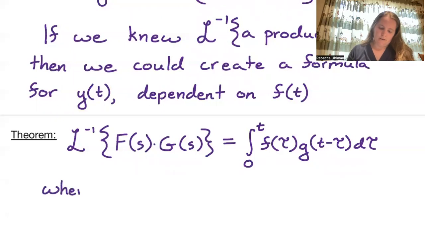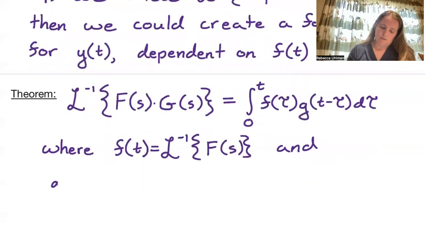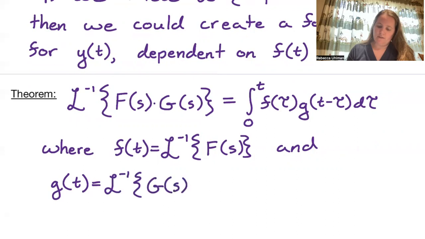where f of t is the inverse Laplace transform of capital F of s, and g of t is the inverse Laplace transform of capital G of s. So this exists assuming those inverse Laplace transforms exist.